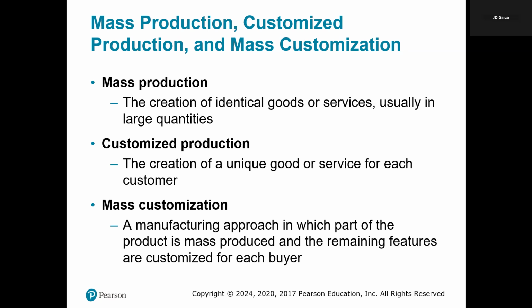Meanwhile, mass customization combines the best of both worlds, delivering products that offer personalized features while maintaining efficiency and scalability through standardized processes. This blend allows companies to cater to diverse consumer demands without sacrificing production speed or affordability.